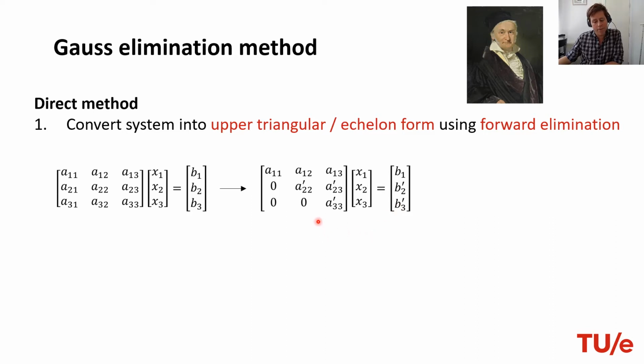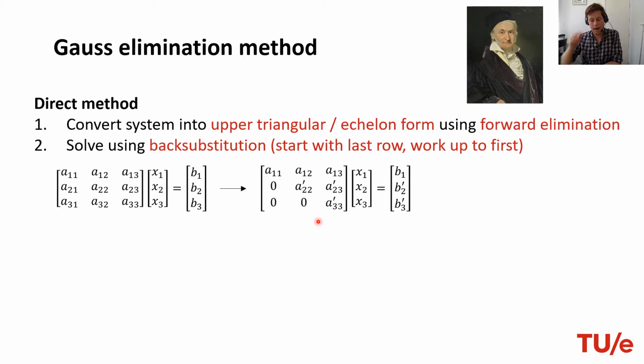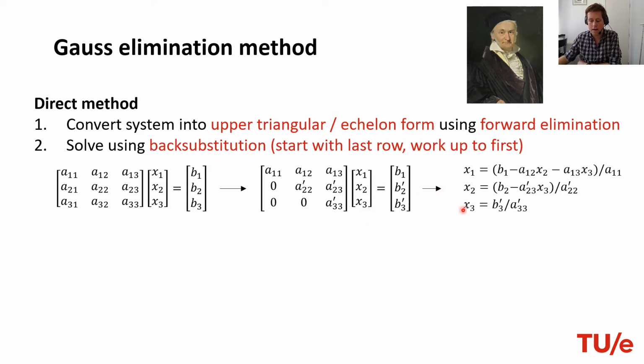Once we have it in upper triangular form, we can easily solve this system using back substitution. Starting from the last row, we work our way upwards and keep substituting in the freshly computed value for the unknown in the previous equation. We've already seen how this works. We start out with calculating x3.